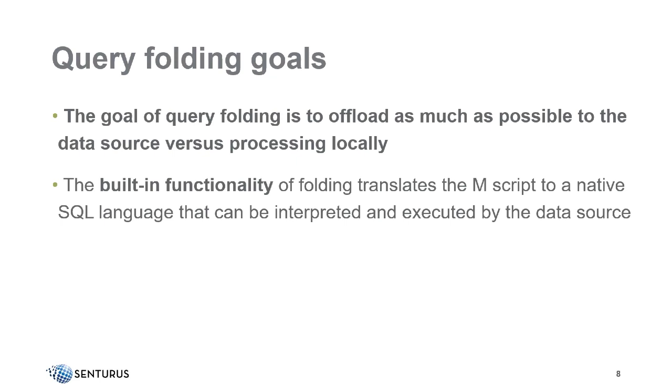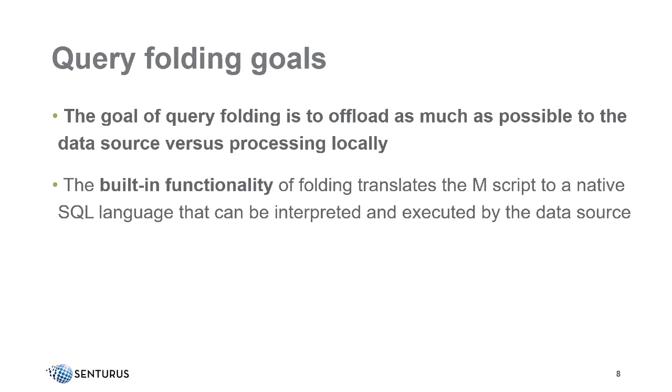When you are using Power Query to remove columns, filter down rows, merge columns, our goal is to make sure that we are using transformations that can get translated into native SQL of our data source.